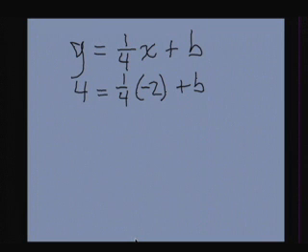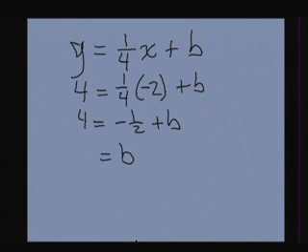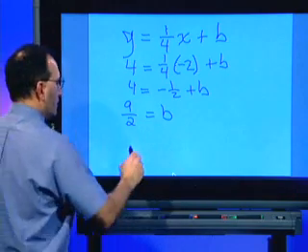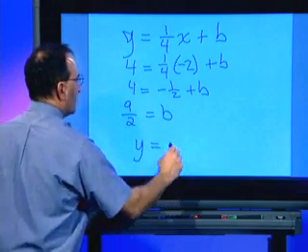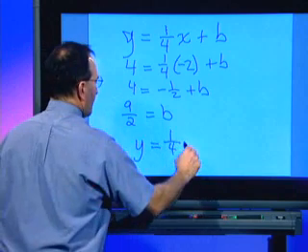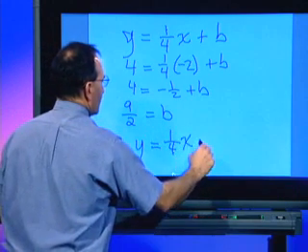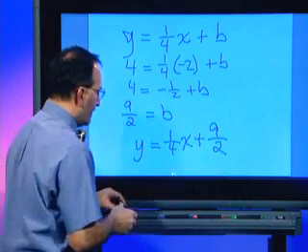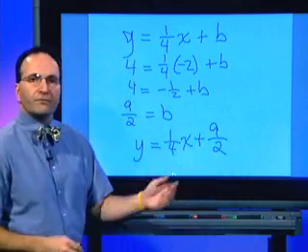So this is 4 equals -1/2 plus b. So b is going to be equal to 4.5 or 9/2. So the equation for the normal is y equals 1/4 x plus 9/2. And that's a linear equation for our normal.